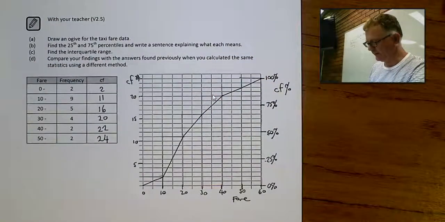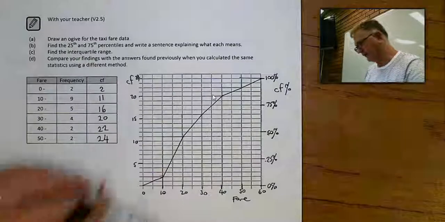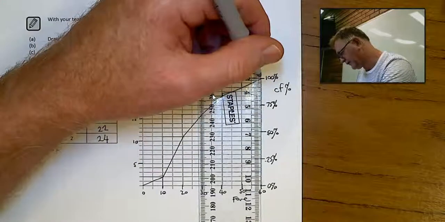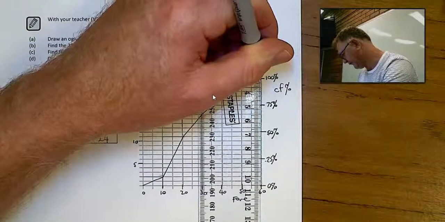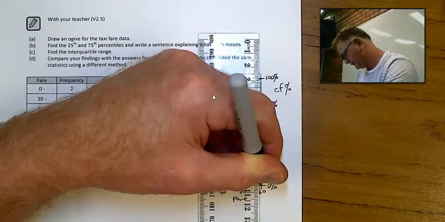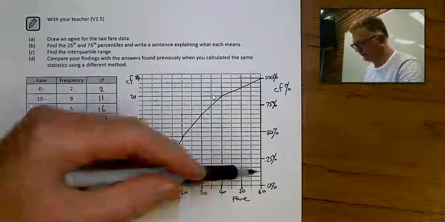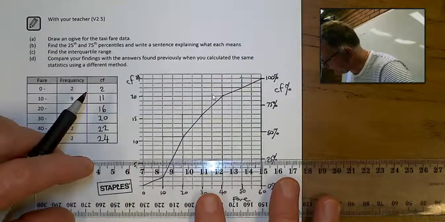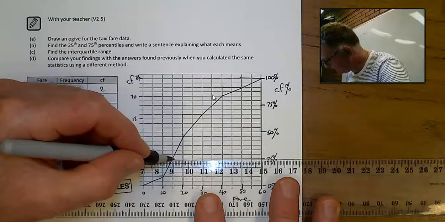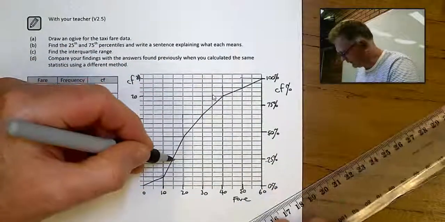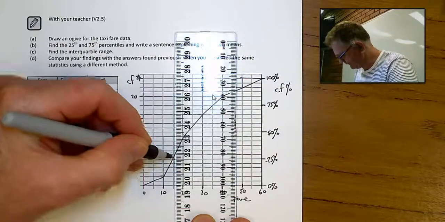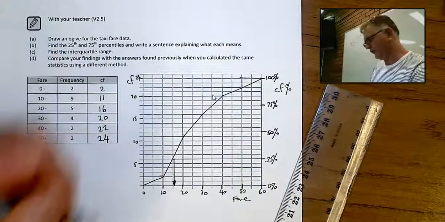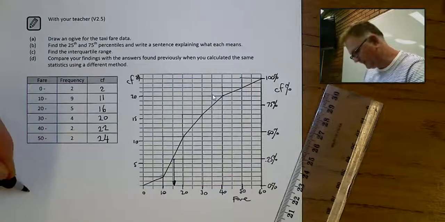Okay, now I've got a percentage axis on there, but how do I find the 25th percentile and the 75th percentile? Well, I go up to 25%, go across to my graph, and then go down, and I come up just a smick over 15, let's say 16.